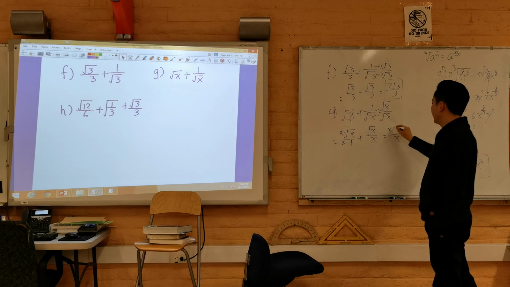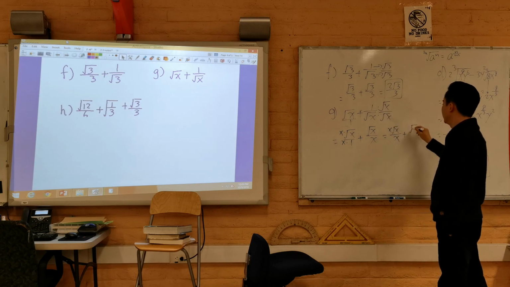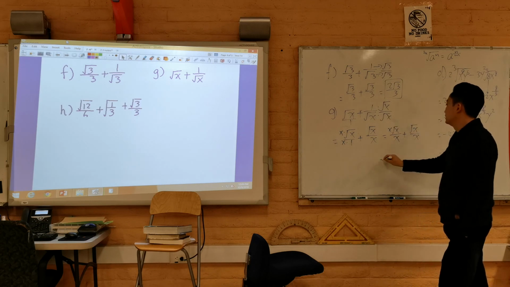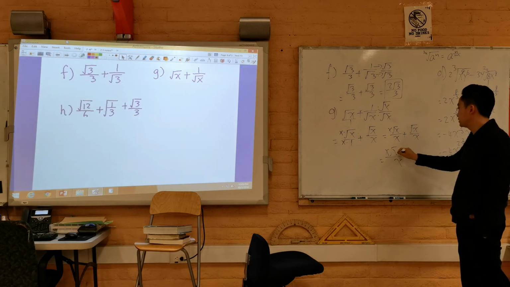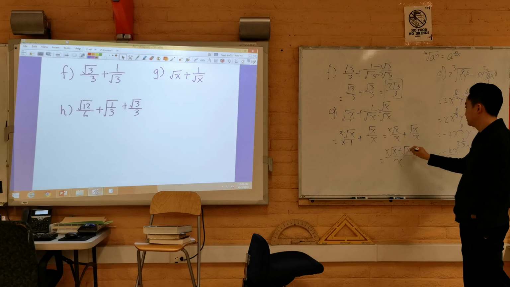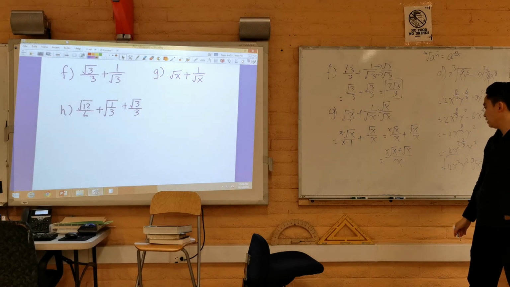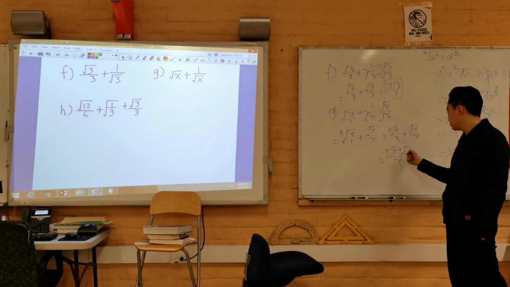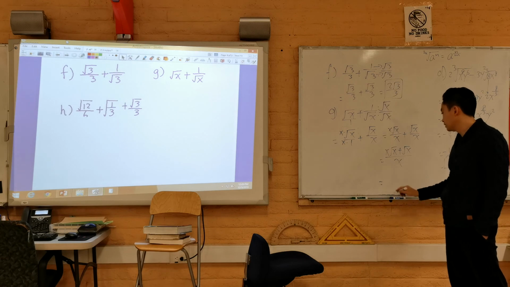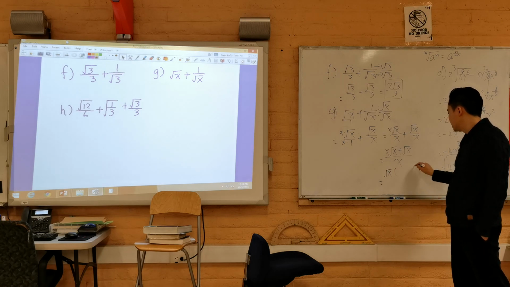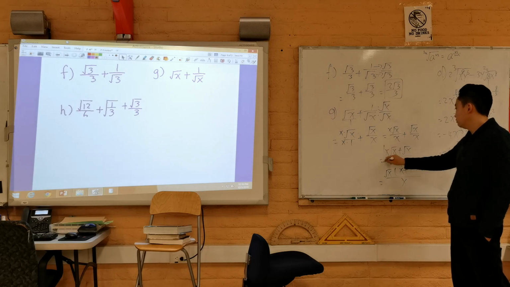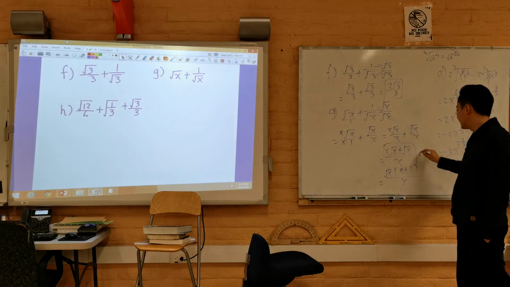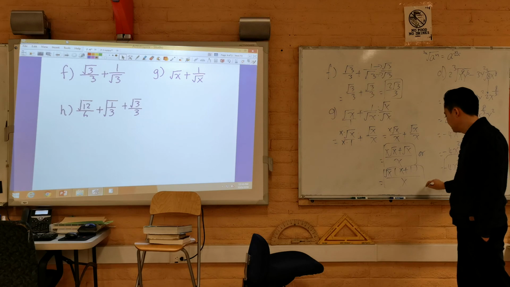So we got x root x plus root x over x. Same denominator, so in the numerator we just combine them: x root x plus root x. And for those who might be wondering, can I take out the greatest common factor? Yes, you may. Root x, so we got x plus 1 over x. Basically you can leave it either way, the standard form or the factored form.